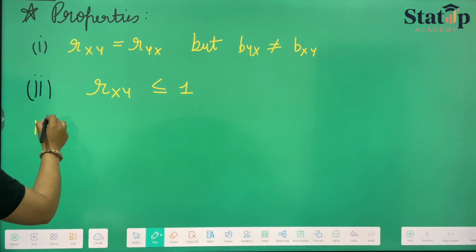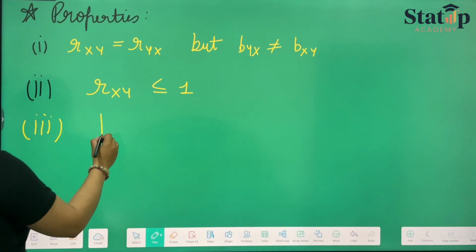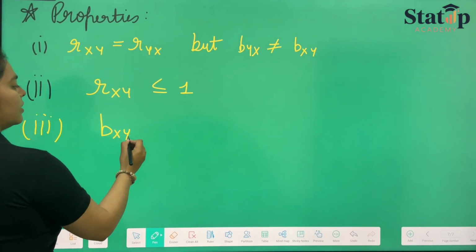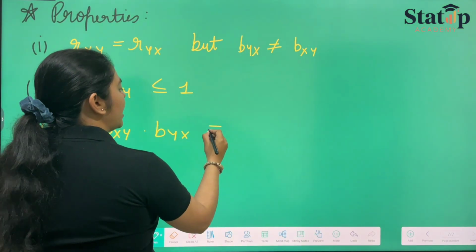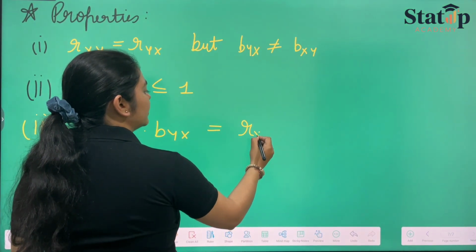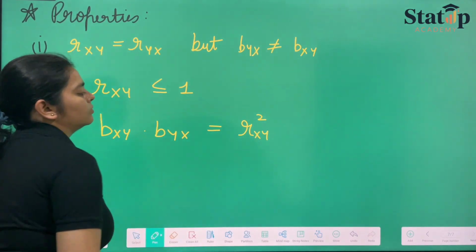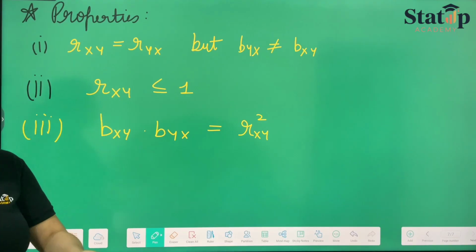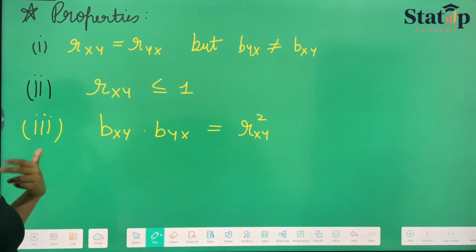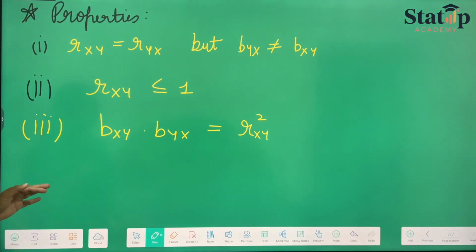The third one is that bxy into byx equals rxy whole square. This is a very important relation, and it has been asked multiple times in questions, not directly but indirectly.